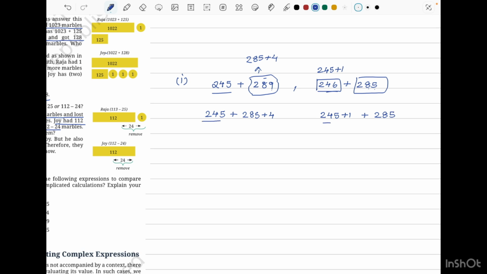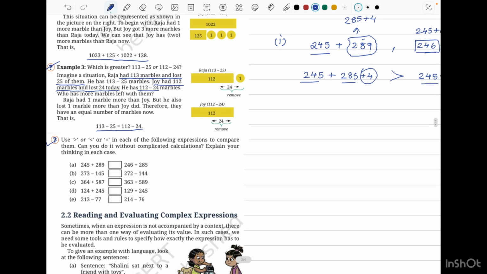So we can see that these two numbers are equal on both sides, and here is plus 1 and here is plus 4. So this expression is greater than this expression. So we have to write greater than here.